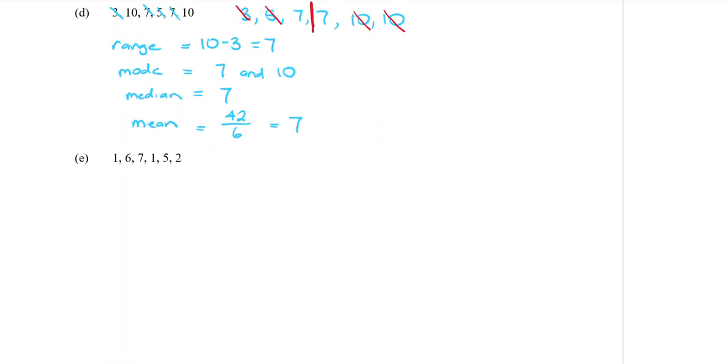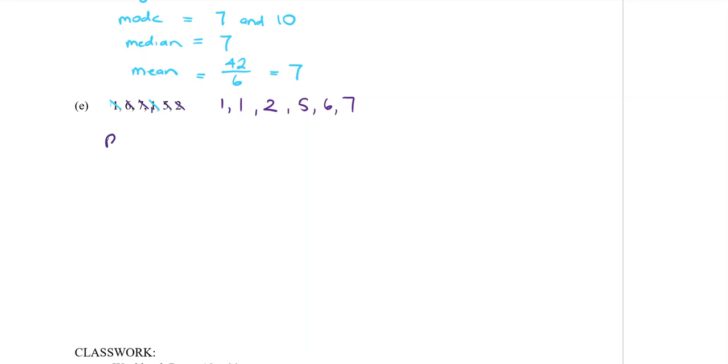Okay, let's put them in order. We have 1, 1. Then we have 2. Then we have 5, 6, 7. And we are finding the range, the mode, the median, and the mean.